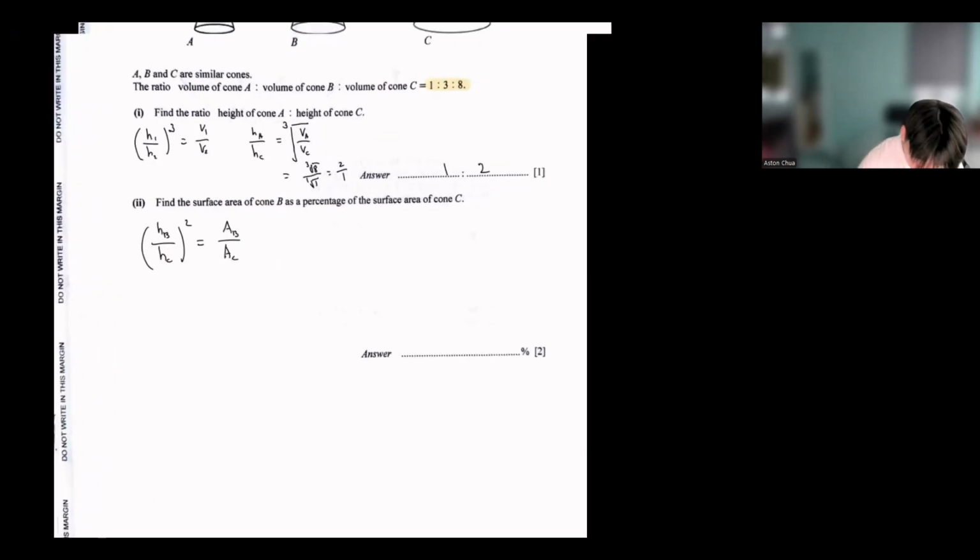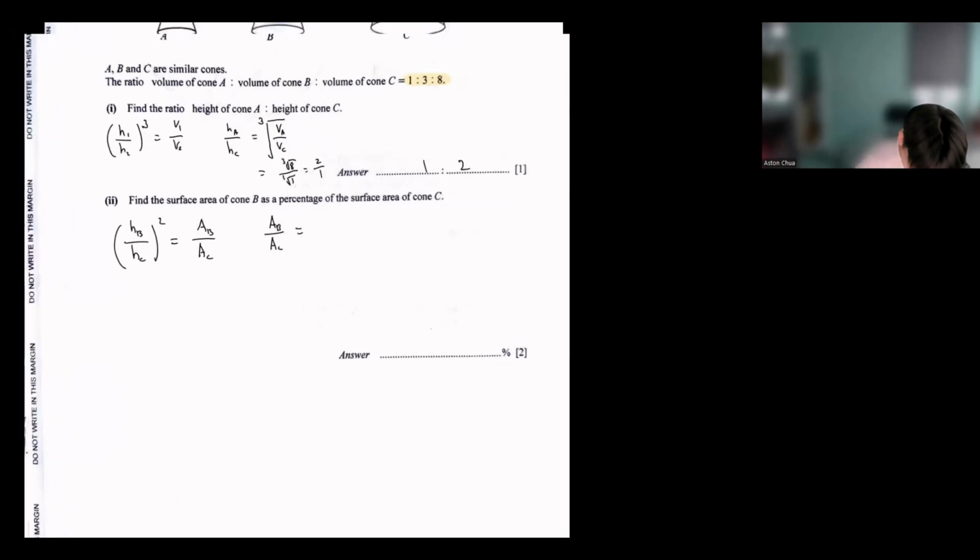So we just have to do an additional step. Actually, AB over AC is equal to VB over VC, cube root, and then you square it.